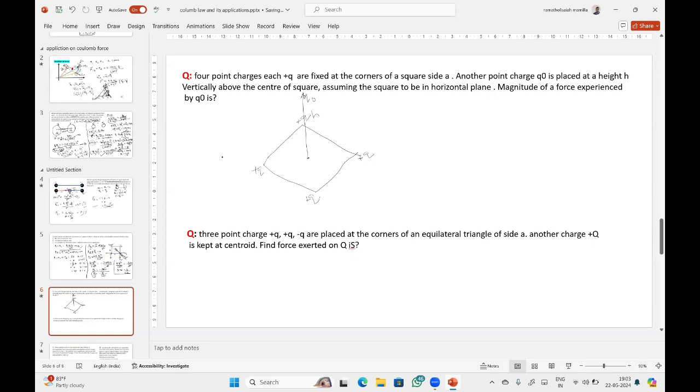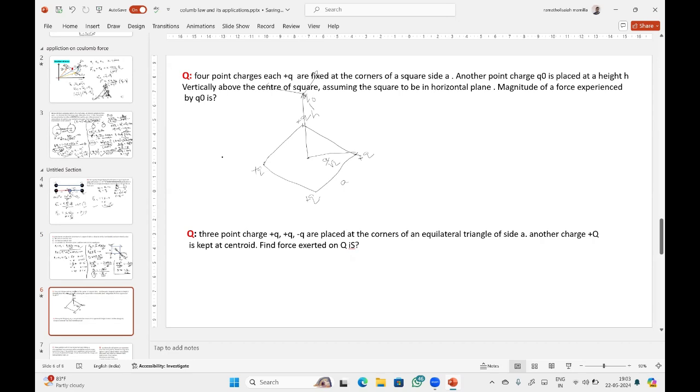So there is a force acting in this direction by this charge, and by the other charge also a force acting in the direction. To calculate the distance, this is a by root 2, because side A means the total diagonal is root 2a, then half of the diagonal is a by root 2, and this is h.